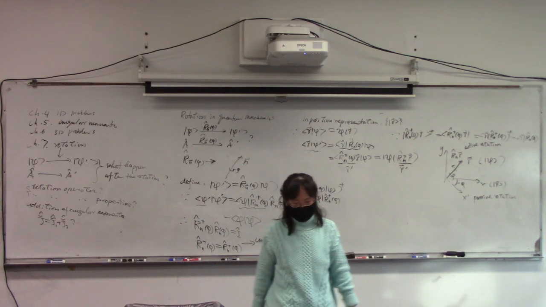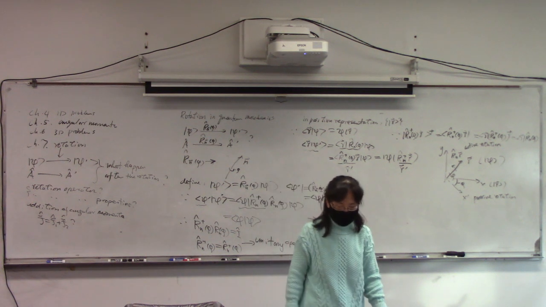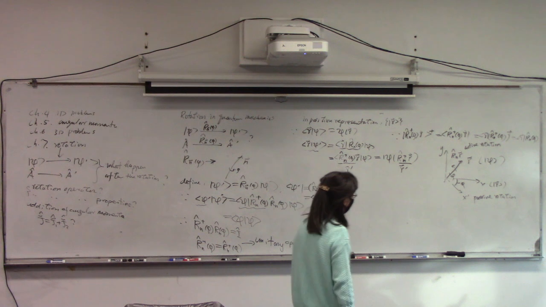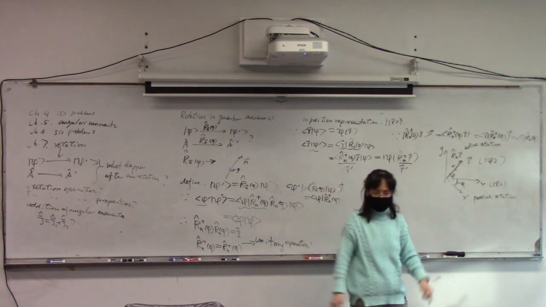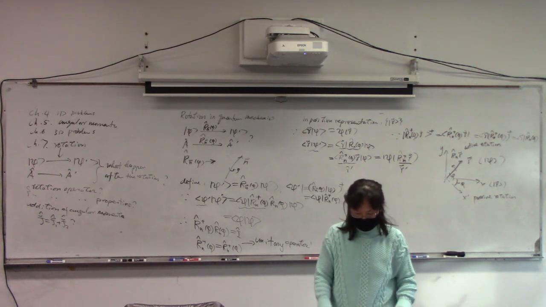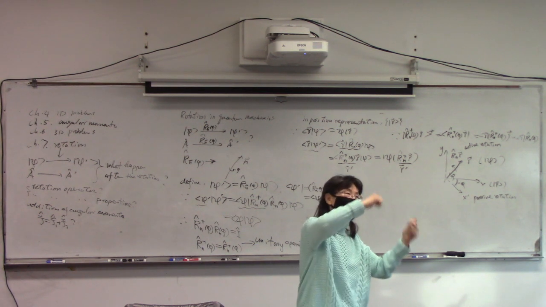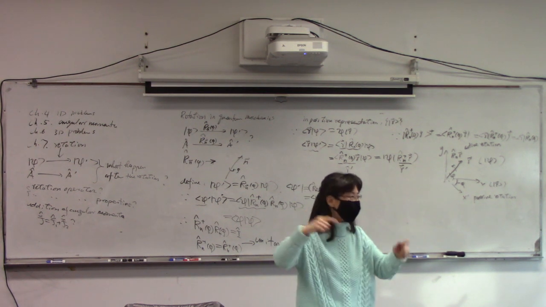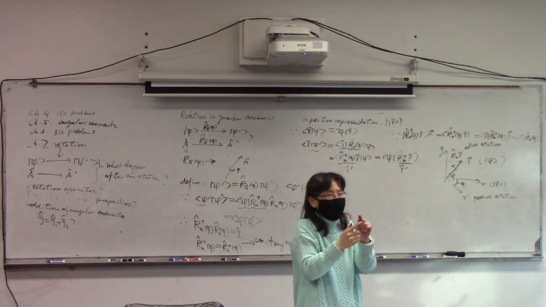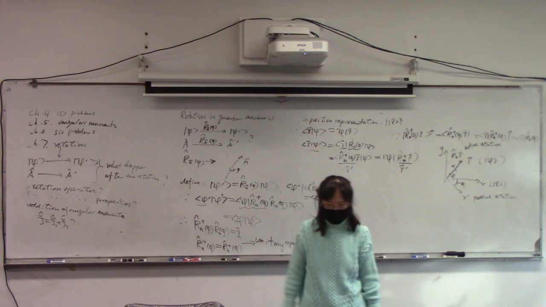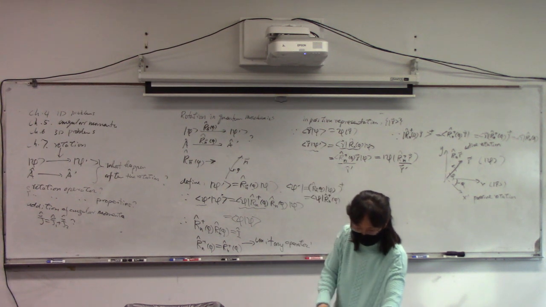We have something like passive or active, but usually we prefer passive because then we just deal with the basis vector and not the function itself. If it's the function, you have to consider a sine function rotated becomes cosine, sine plus cosine. But if x goes to x prime, then they can have this relation. Just replace x by x prime.